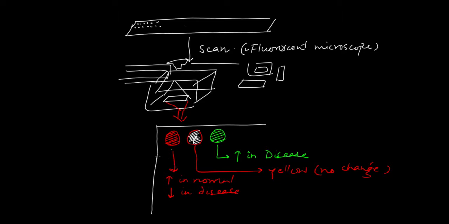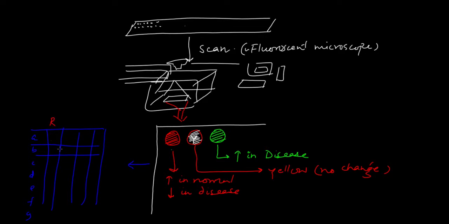After image analysis, this whole thing can be converted into a numerical table, where I have a value for each gene: gene A, B, C, D, E, F, G, H. Then I find out the value for my red channel, when I open the red channel in the microarray scanning laser, the normalized intensity value I got for gene A, gene B, gene C and so on.